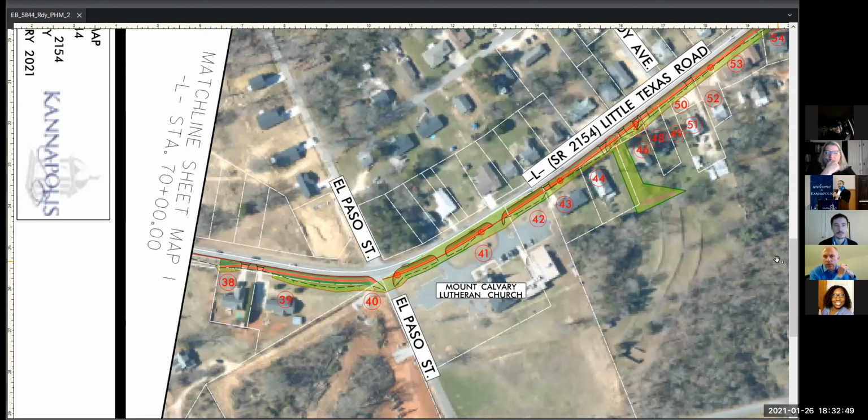So I would say there's no real safety improvements other than, since we're adding curb and gutter and a berm, if there's a ditch section there or the existing features, it would be a little bit safer if you were to run off the road because you would have that recoverable distance behind the curb. But since we're not changing any of the roadway alignments, there's not really any safety associated with roadway improvements.